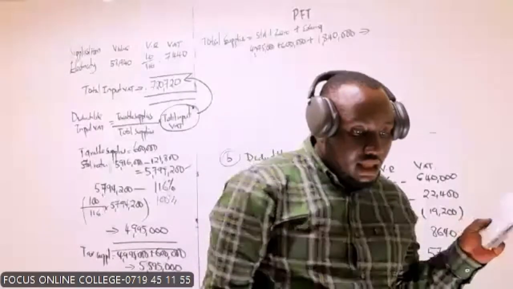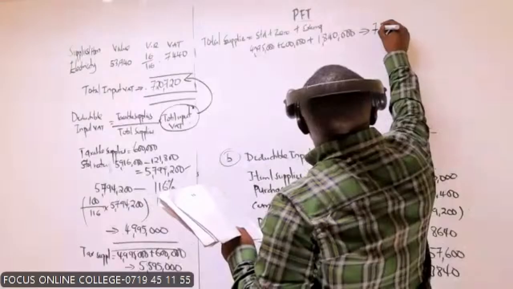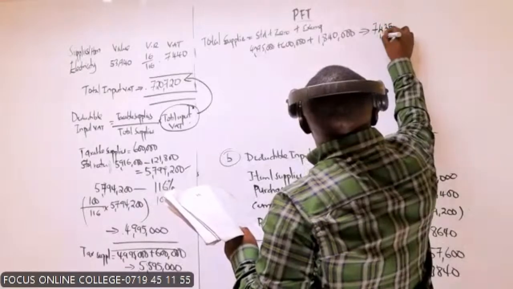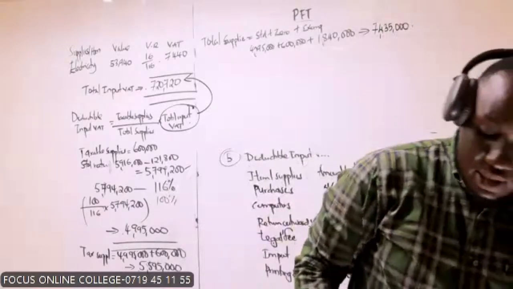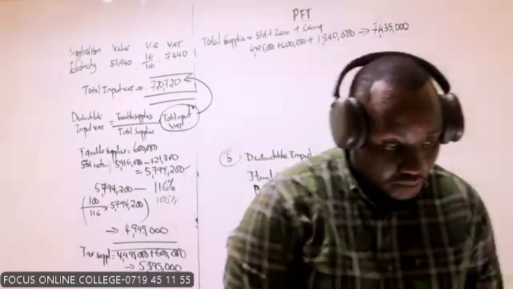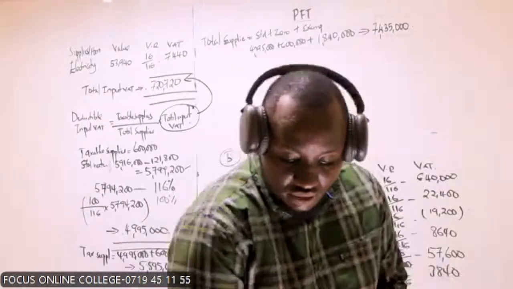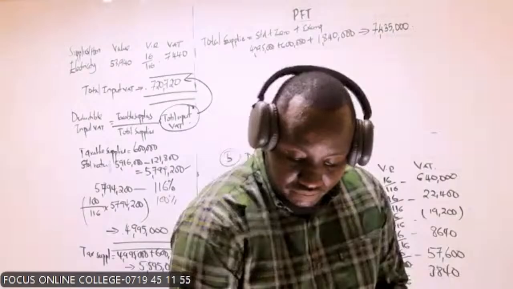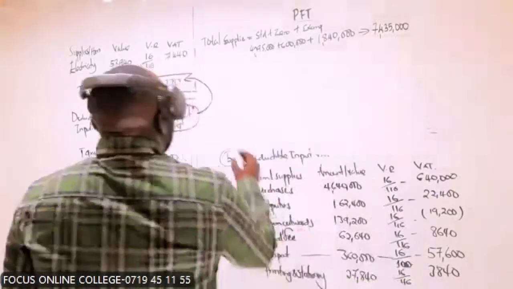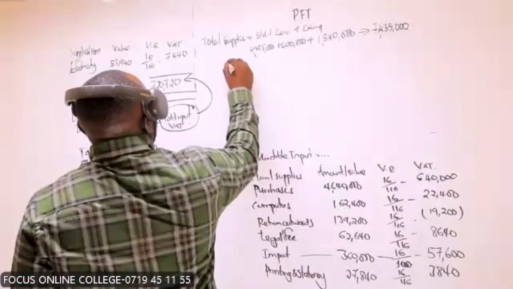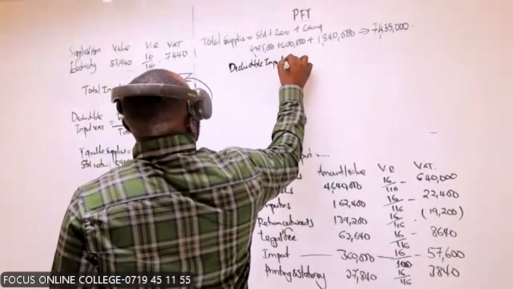Add. So that should be 7,435,000. We have it as 7,435,000. So we can now get the deductible input VAT.